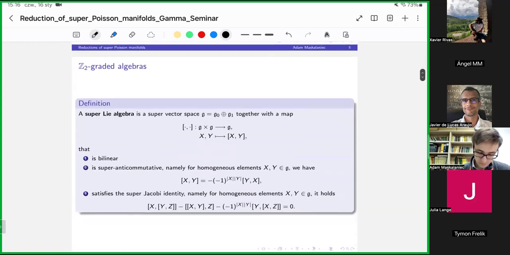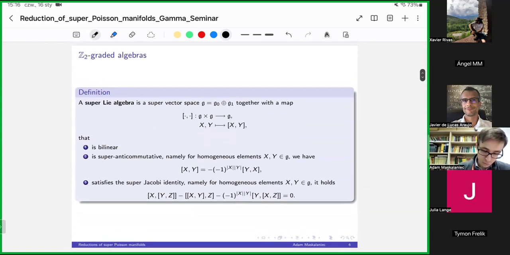Okay, so let's move on. We would like also to introduce a graded version of Lie algebra. So we want to consider a supervector space, namely a Z2 graded vector space, together with its Lie bracket. And now we want this Lie bracket to be bilinear as usual, but we modify the anti-commutativity of this bracket into the super anti-commutativity, namely anti-commutativity with respect to this sign rule.